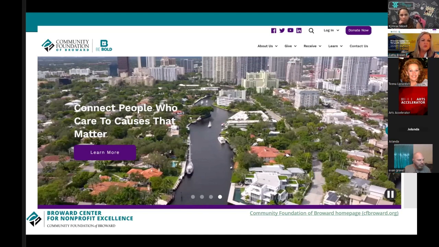And I make that as 3 separate pieces, because many times when an organization is new to working with foundations, they hear that a foundation has a grant and then they jump in and try to apply and build the project as they go, kind of as they're filling out the application. I can promise you, and my colleagues will agree here, that we know when that's what you've done.